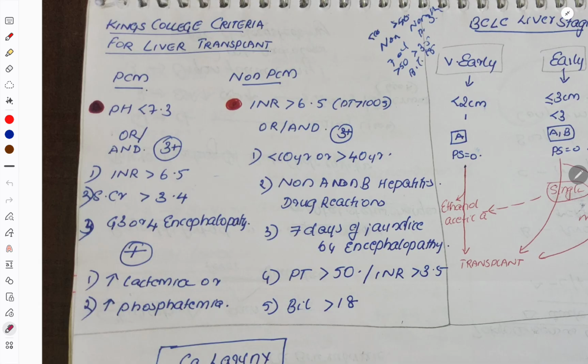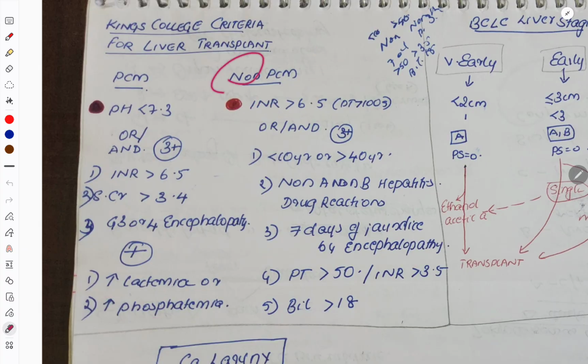It is pH less than 7.3 plus 3 of these criteria. The 3 criteria are, what is ICG? One is INR, two is creatinine, grade 3 or 4 encephalopathy, hyperlactatemia and hyperphosphatemia.